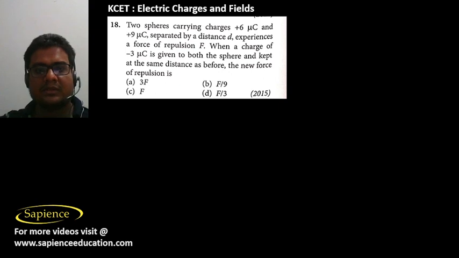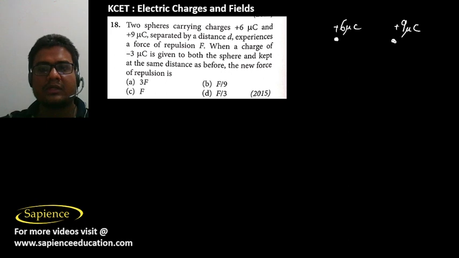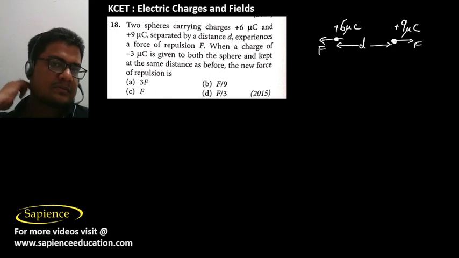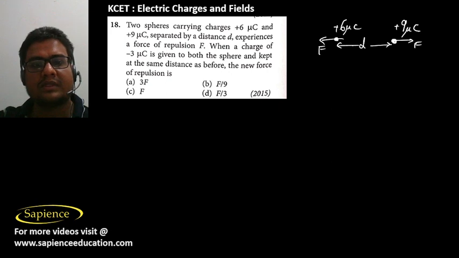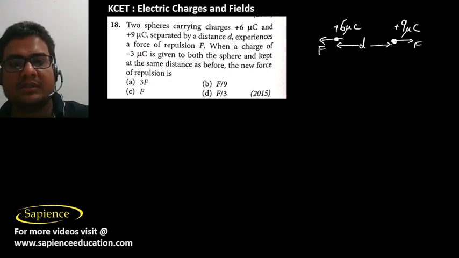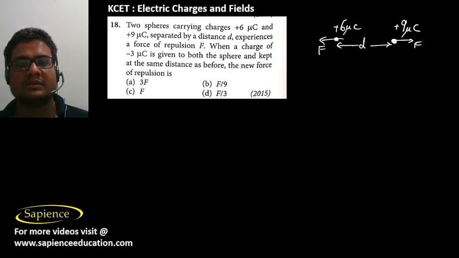Two spheres carrying charges plus 6 microcoulomb and plus 9 microcoulomb are separated by a distance d and experience a force of repulsion F. When a charge of minus 3 microcoulomb is given to both the spheres and kept at the same distance as before, what is the new force of repulsion?